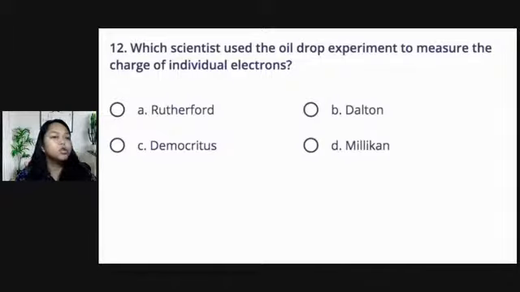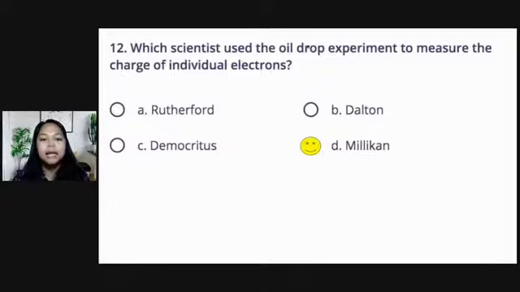Okay, ano ang inyong choice for number 12? Okay, number 12, D, karamihang choice. And letter D here is tama.